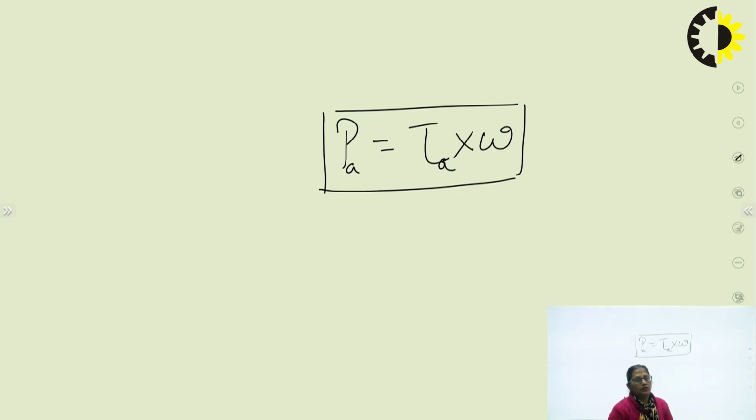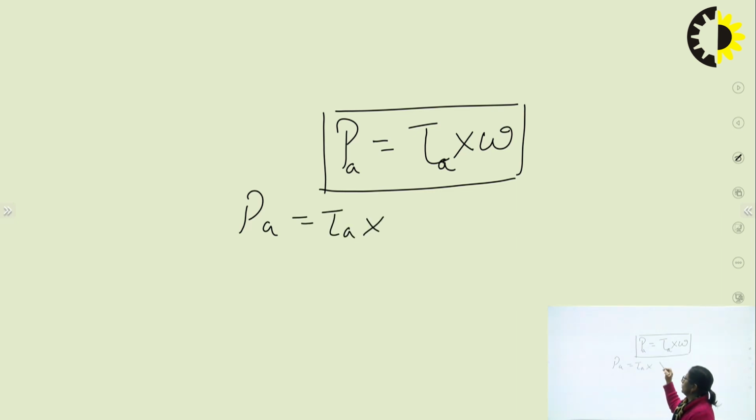Considering that the armature is rotating at a speed of n rpm, I can give PA equals armature torque into omega, which is nothing but 2 pi n by 60.